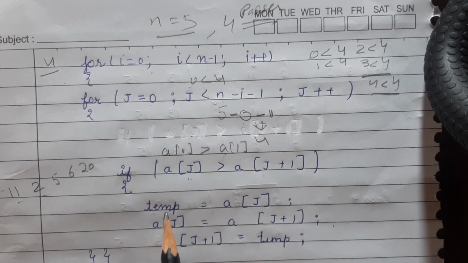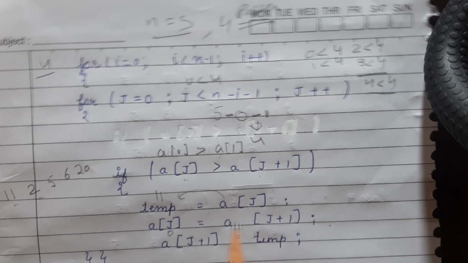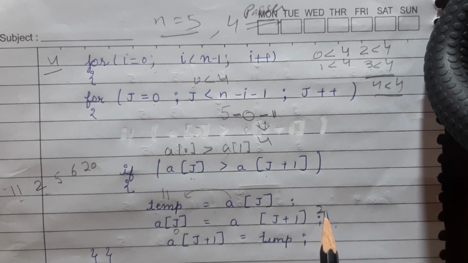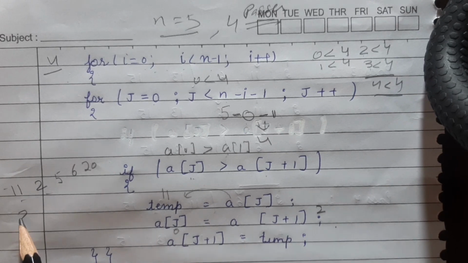So here temp is equal to a[j], meaning a[0], so the value 11 goes to the temp variable. Then a[j], meaning a[0], is assigned a[j+1]. What is the value at j+1? That value is 2. So at position 0, 2 will go.